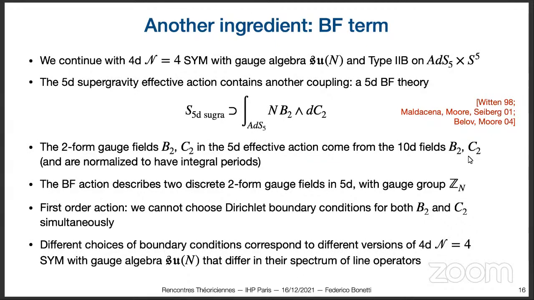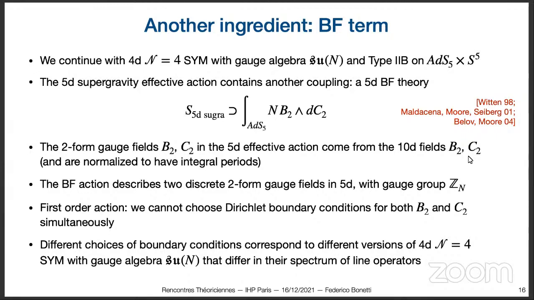So what am I referring to more precisely? I'm referring to the fact that among the various couplings that we encounter in the 5D supergravity that arises from type IIB on the 5-sphere, there is this coupling which involves the B2 and C2 two-forms. Those are just U(1) gauge fields in 5D, and they're literally the reduction of their 10-dimensional counterparts on the 5-sphere.